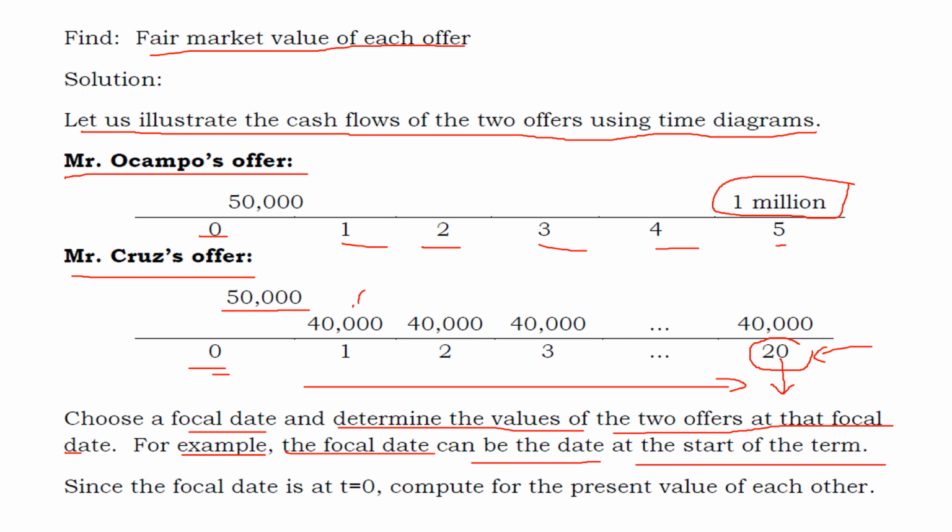Since the focal date is at t equals 0, if we set the focal date at the start of the term, your t must be equal to 0. So compute for the present value of each offer.